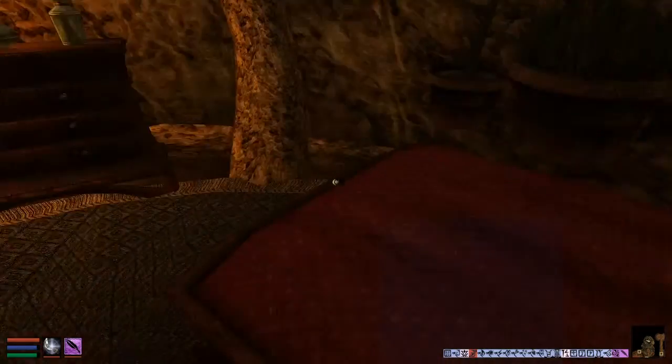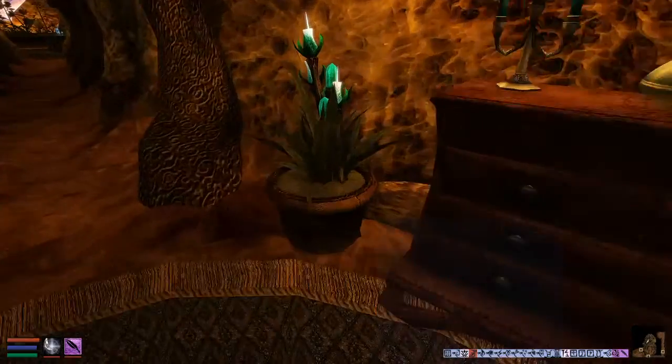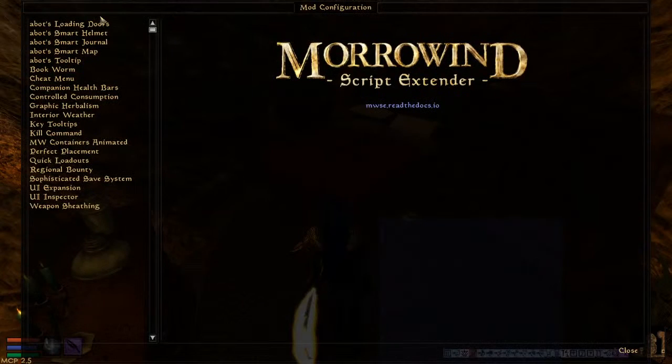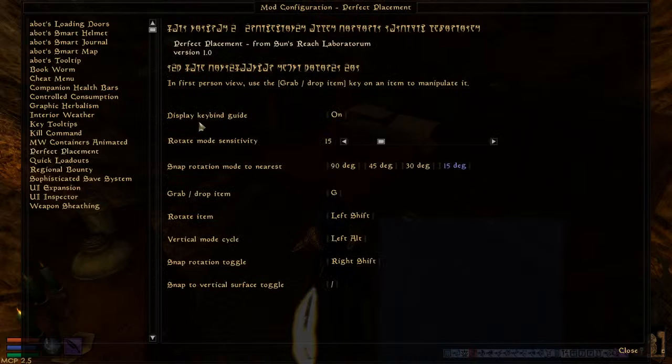I want to show this very nice mod called... I never remember the name of the mods. Too many mods. Perfect Placement by Hamchand, mythical Hamchand, and this is the state-of-the-art positioning mod for Morrowind.